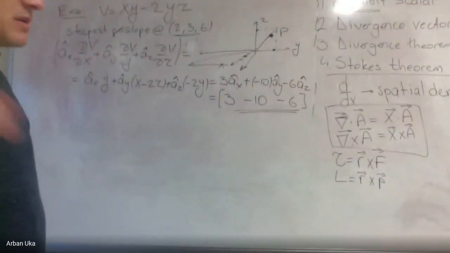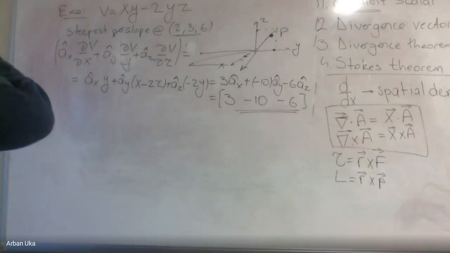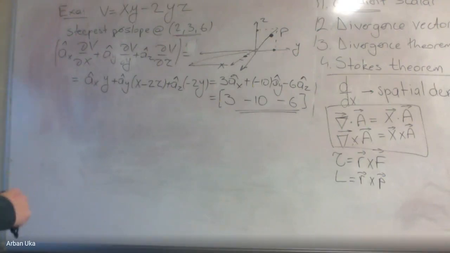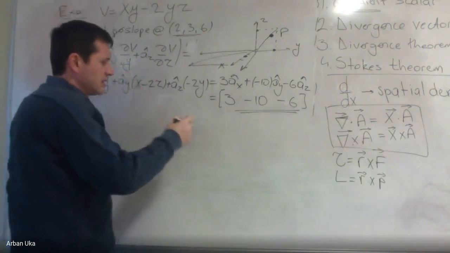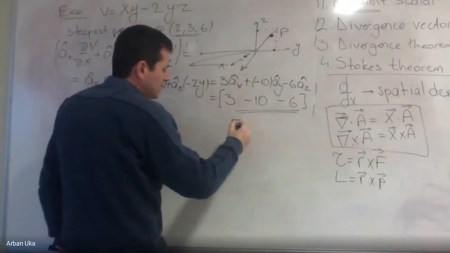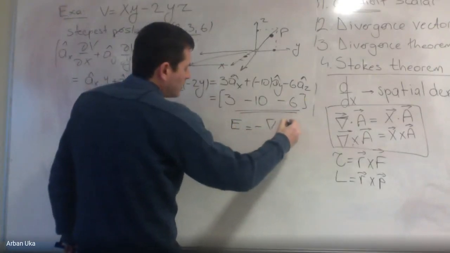Now, this is the maximum change for sure, but what we can relate to electromagnetic field theory is that the electric field can be written as minus the gradient of the potential.